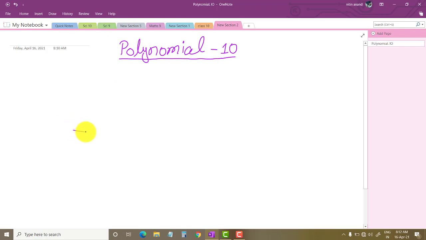Firstly, we draw a horizontal line. This horizontal line is known as the x-axis, and this is the vertical line.